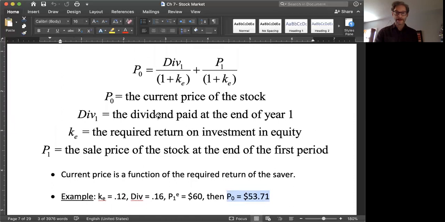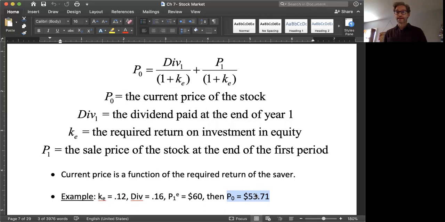Sorry, I can't do this by hand up on the board, but how I do this is I'd put in the dividend here, 16 cents. Here's the price of $60, and then KE is 0.12, right? That's my required return. Do a little bit of math, and voila, I should get about 53.71. So in other words, I should be willing to pay 53.71 for this stock.